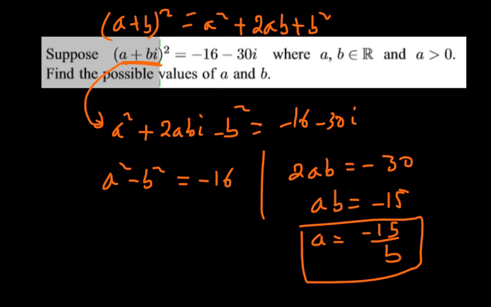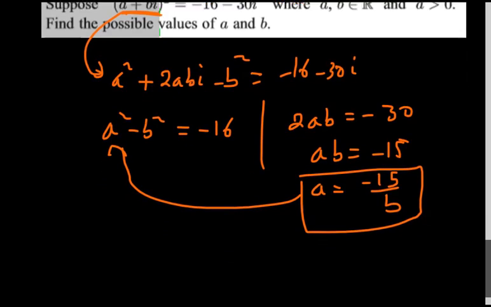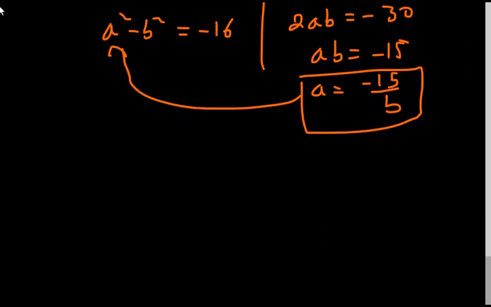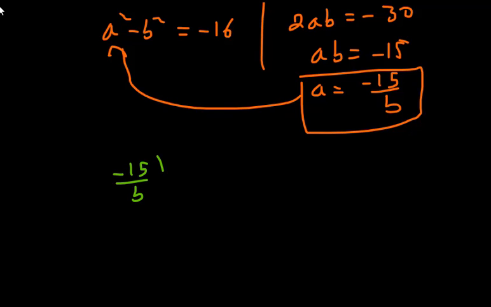So I am going to substitute this instead of a. When you solve this one, that's going to be negative 15 over b the whole squared minus b squared is equal to negative 16. When you solve this, just take time.